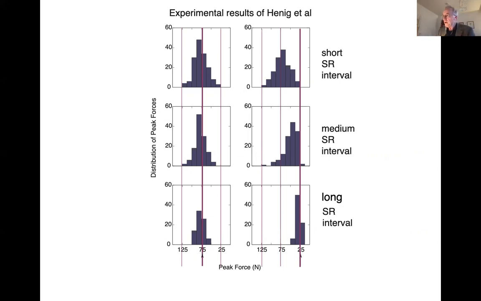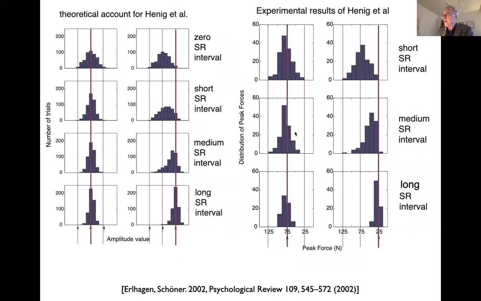So we produce this from the model. This is actually experimental results as histograms, and this is our model. And we inserted 0, which is impossible for the humans. But the short, medium versus long stimulus response interval captures as well.